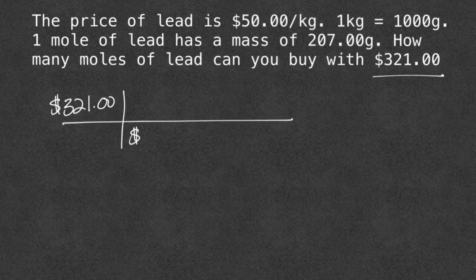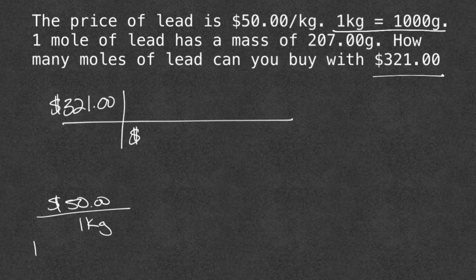Now let's start thinking about conversion factors. Now, the price of lead is $50 per kilogram. Now, we've learned that we can make that into a conversion factor. $50 over kilograms, that looks like a conversion factor. We also have 1 kilogram is equal to 1,000 grams.